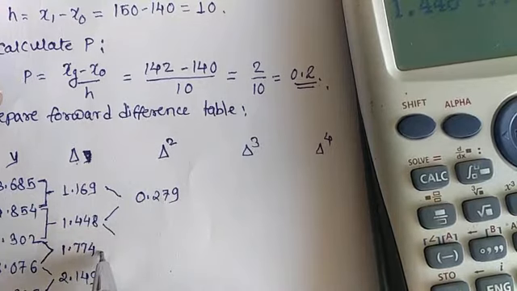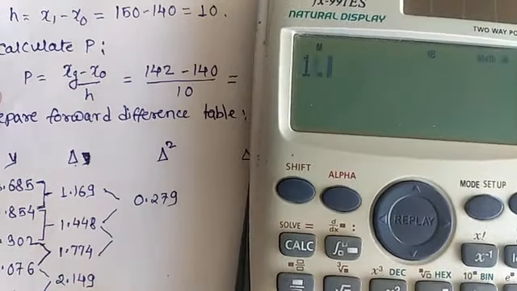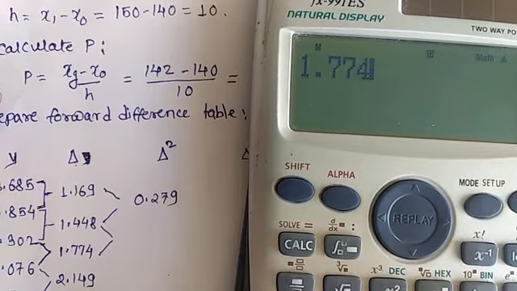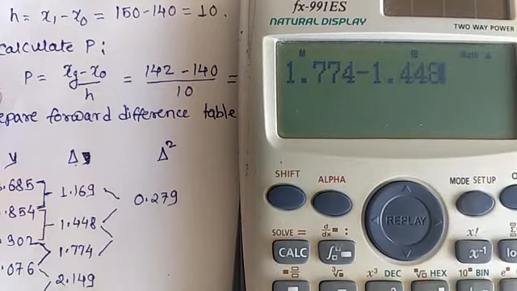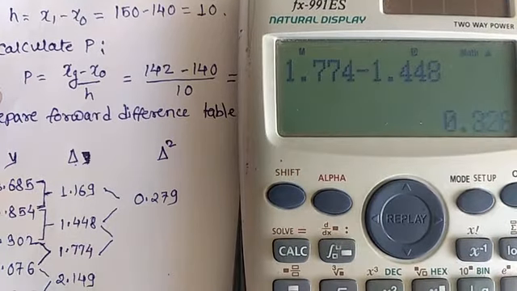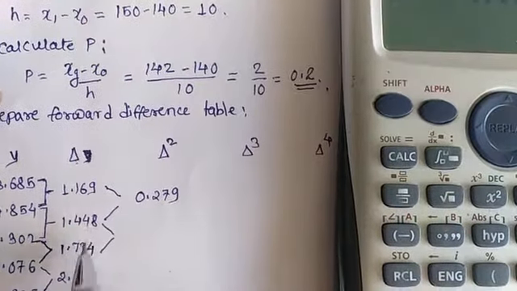Next, for these two values, 1.774 minus 1.448 gives us 0.326.